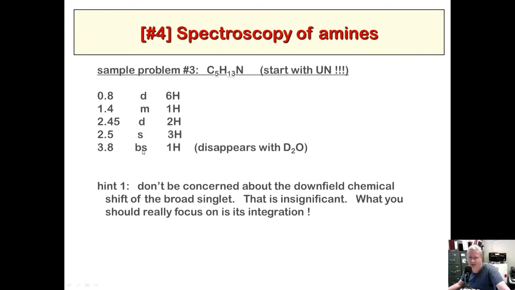It's the NH, right? Who cares where it comes? The chemical shift of an NH is kind of meaningless. What you should focus on is the integration, and the fact that it's 1H is important. And then there are 2 signals that are probably connected to that NH, probably the 2.45 and the 2.5, right? So with that, you can figure out the structure.